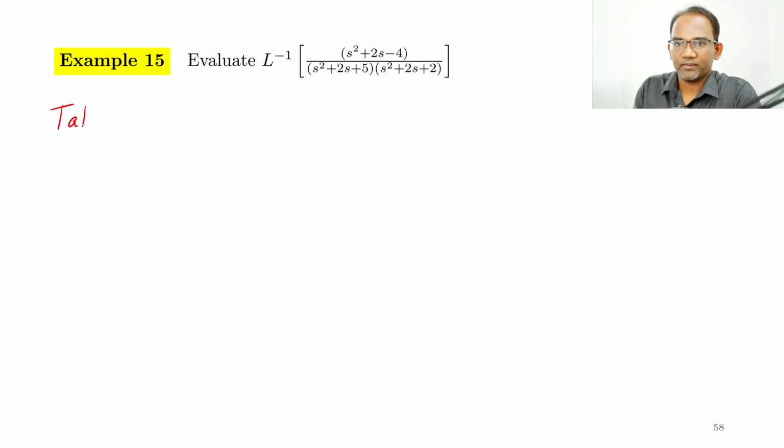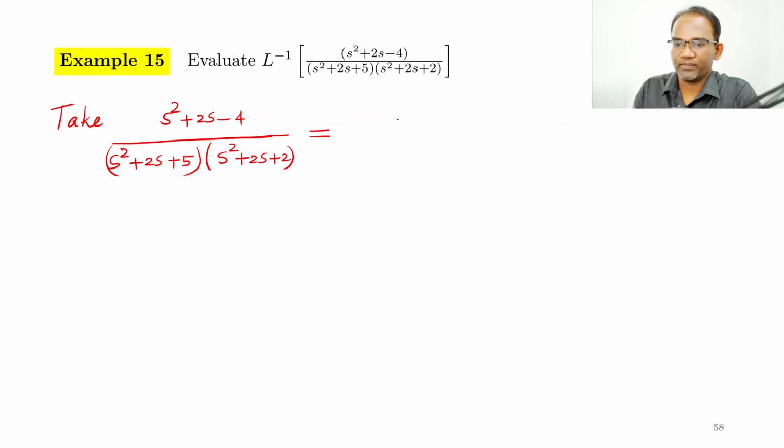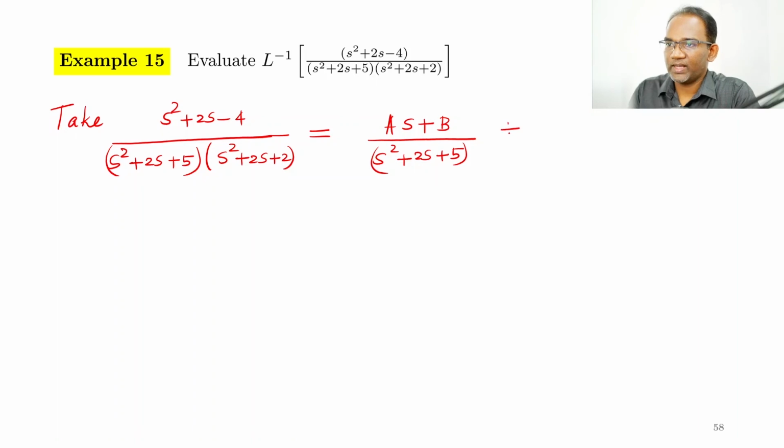So we'll take (s square plus 2s minus 4) divided by (s square plus 2s plus 5) times (s square plus 2s plus 2) as as plus b over s square plus 2s plus 5 plus cs plus d over s square plus 2s plus 2.